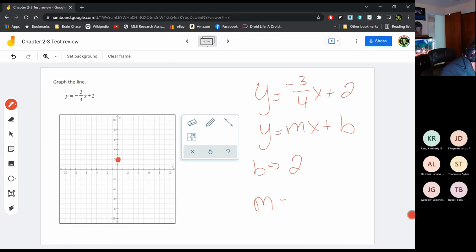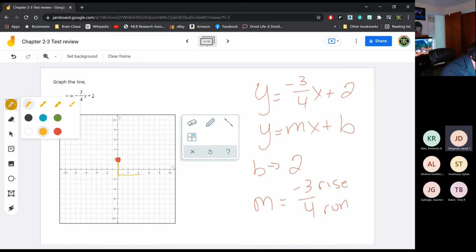My slope is -3/4. That's my rise, and that's my run. So from here, I'm going to go down 3 and over 4, and put my point there. And then we draw our line.